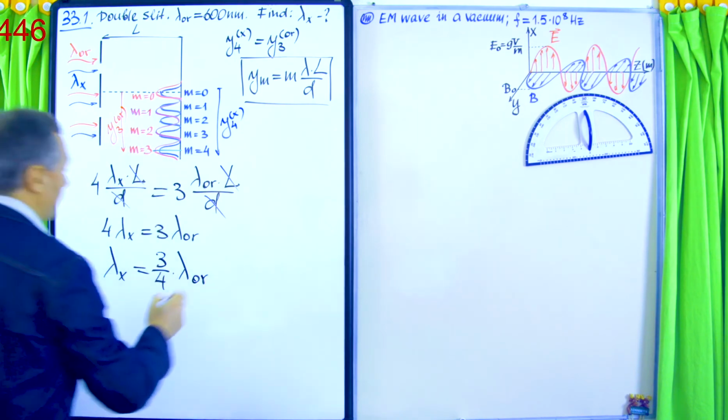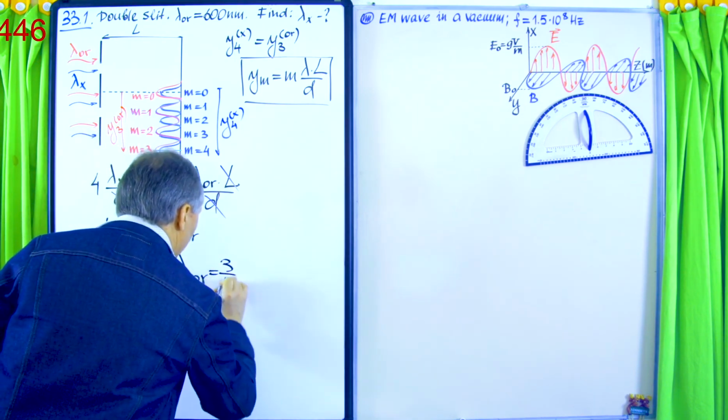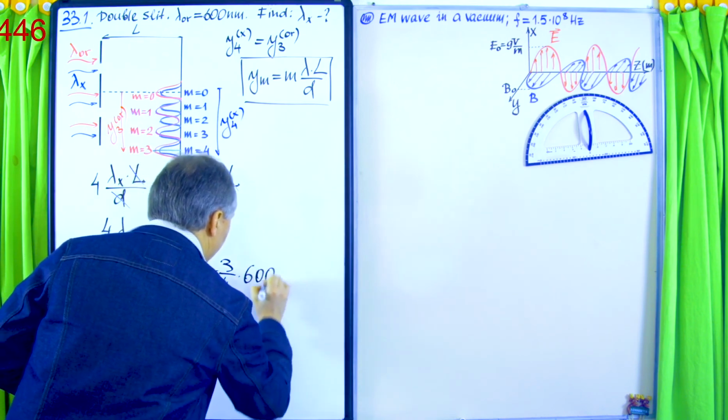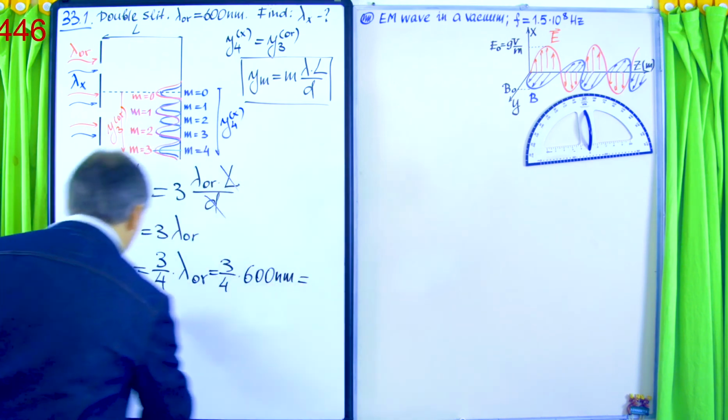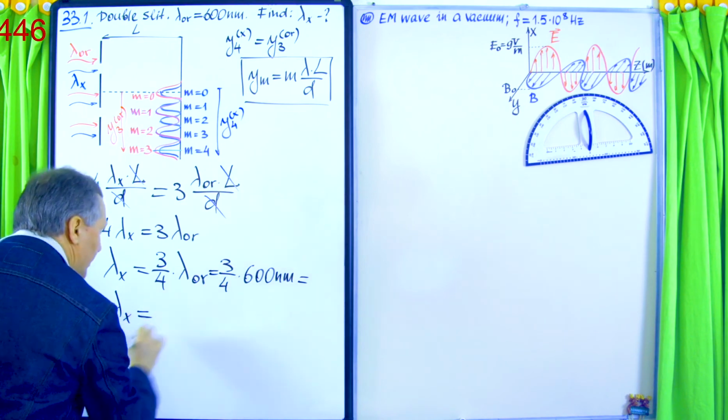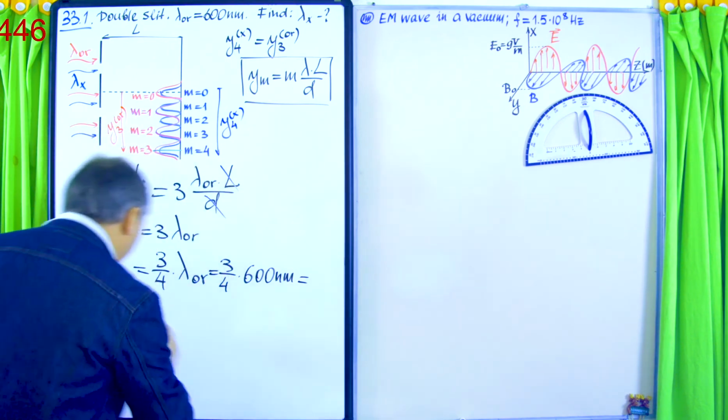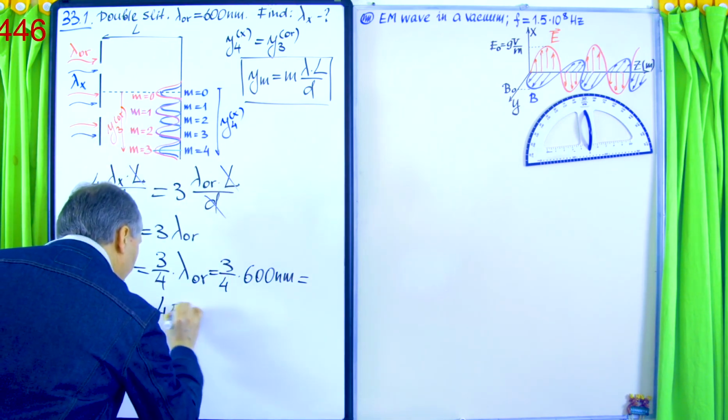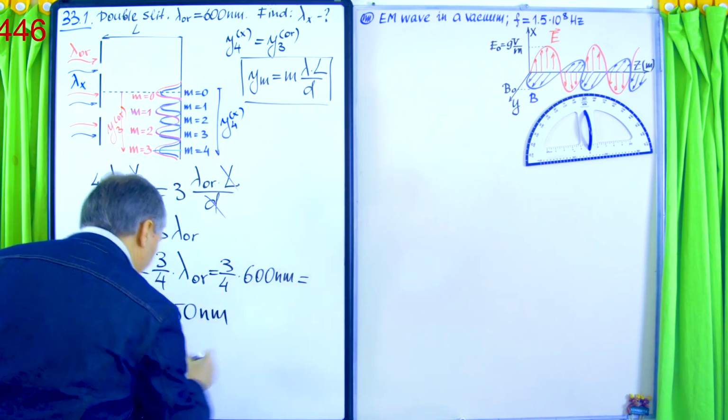If you plug in numbers, 3/4 of 600 nanometers, you will end up with lambda x equals 450 nanometers.